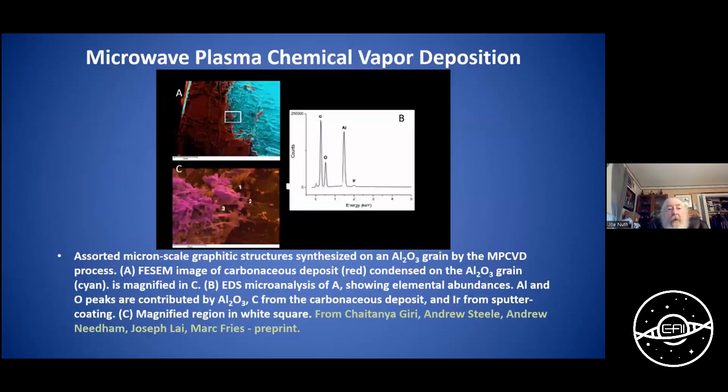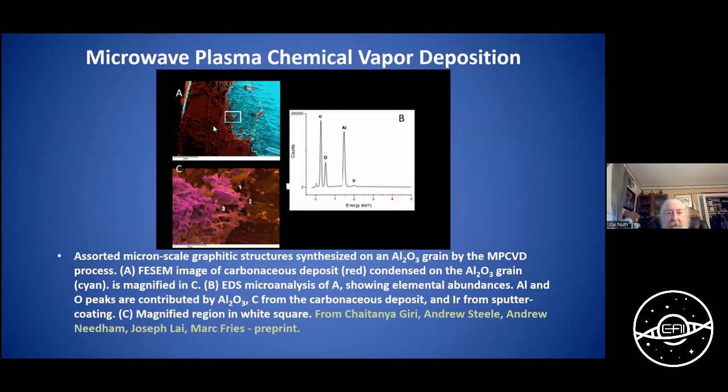We're stuck. On the other hand, going to high temperatures, there were experiments that were done by Chaitanya Giri, Andrew Steele, and others at Carnegie. And they did form at high temperatures, about 1300 Kelvin, on an aluminum oxide material, basically a carbonaceous whisker.